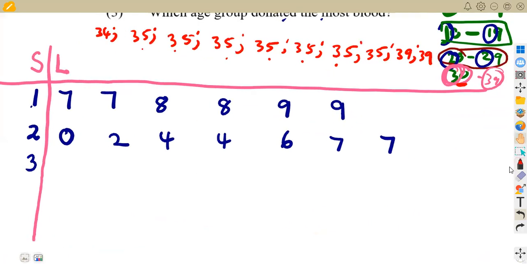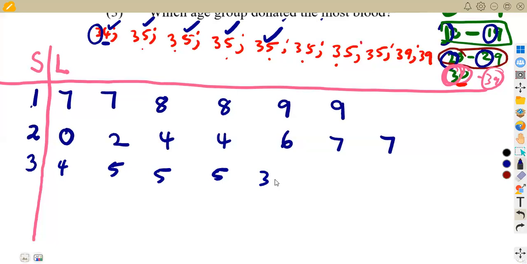And I said our stem is 3. So we have 3 here. If we write our stem 3, the leaf there is 4. Here we're going to remain with 5. Here we are going to have a 5. Here we are going to have a 5. Okay, there are so many here. Another 5.